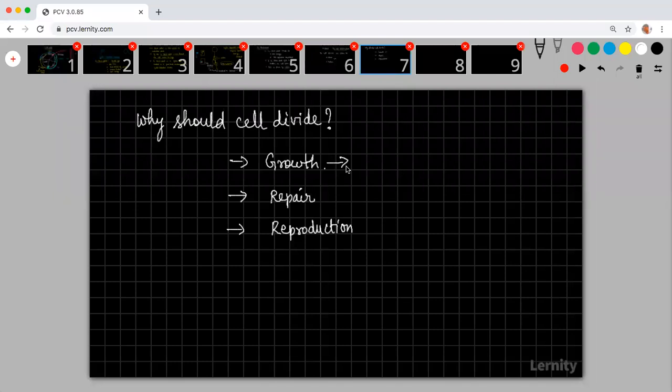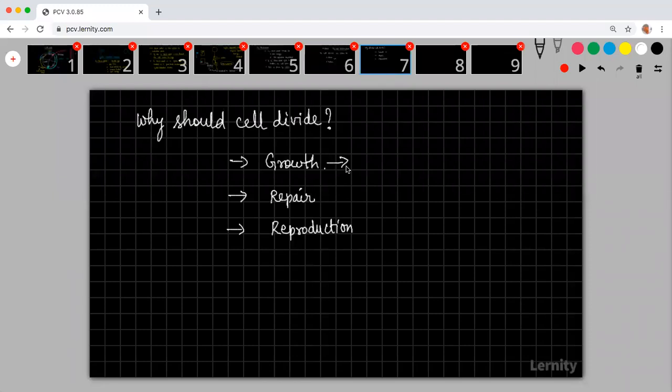Let us say that I have a wound in my body. I fell down from somewhere, God forbid, and that place has got some injuries and wounds. I allow it to heal. After some time, you will see that scabs appear on that wound. If you peel that scab, you will see that fresh tissue has formed inside.